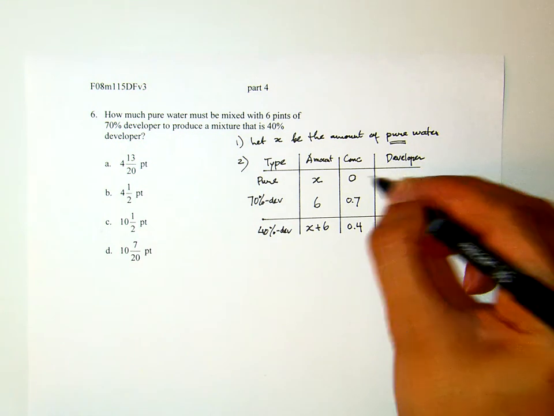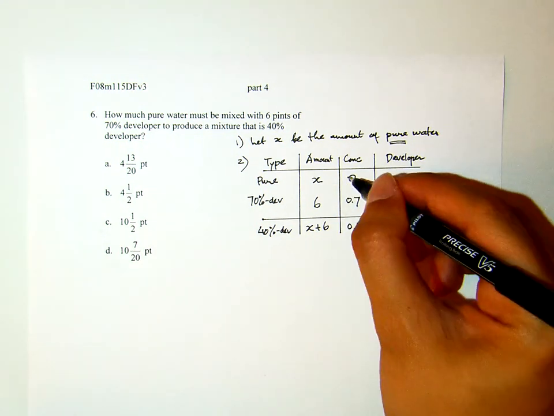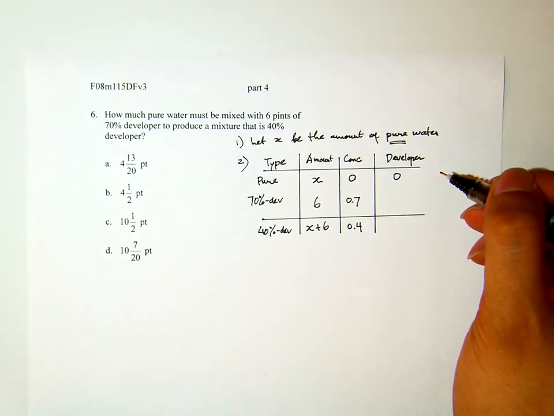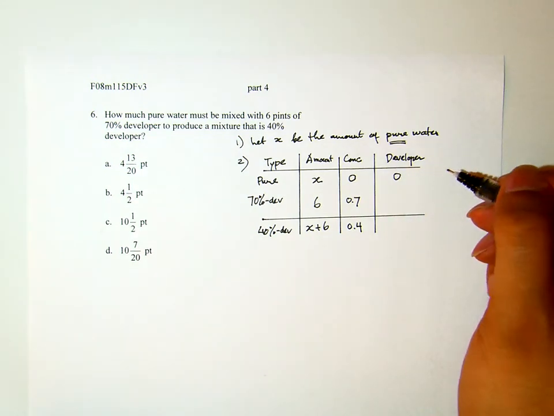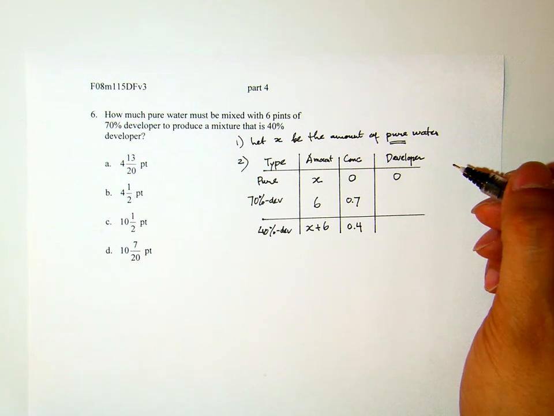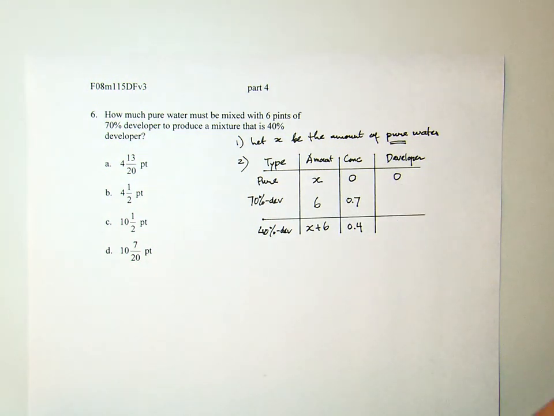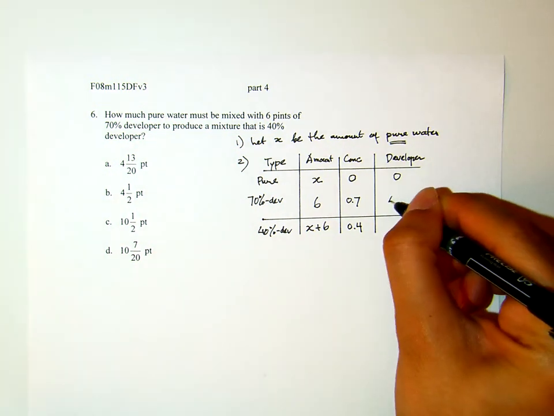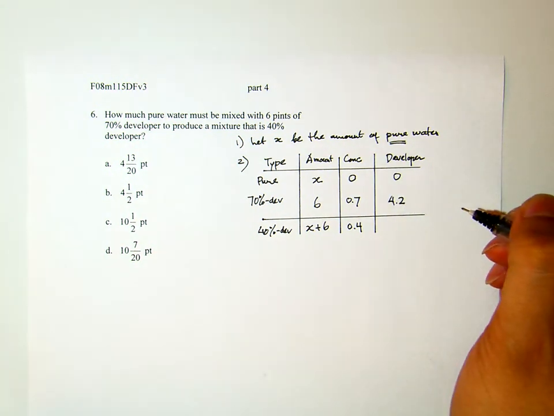The amount of developer in pure water is of course 0. That is the reason we call it pure water. In the 70% developer, if you have 6 pints, then you have 4.2 pints of pure developer.